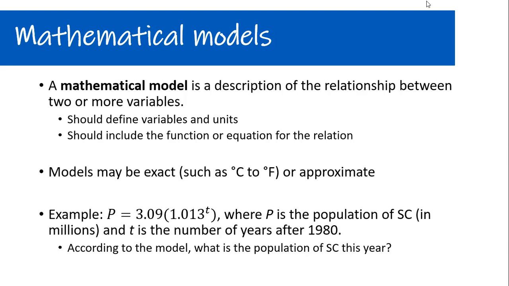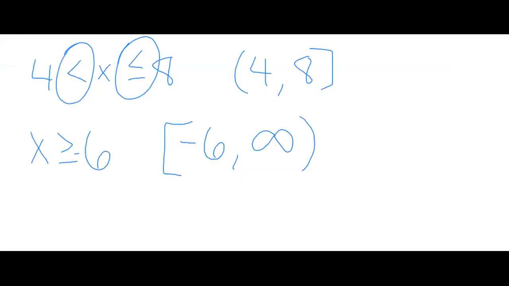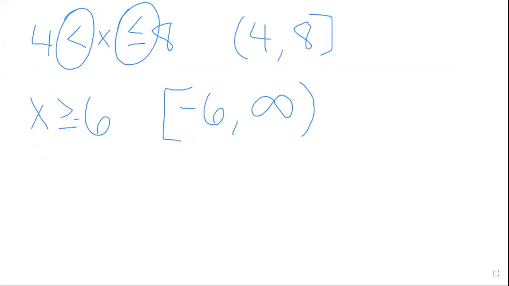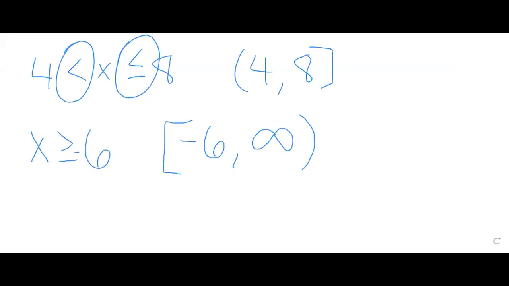So let's go back to the whiteboard here and take a look. So we know that P equals 3.09 times 1.013 to the T. Now remember that T is the number of years after 1980. According to the model, what is the population of South Carolina this year?